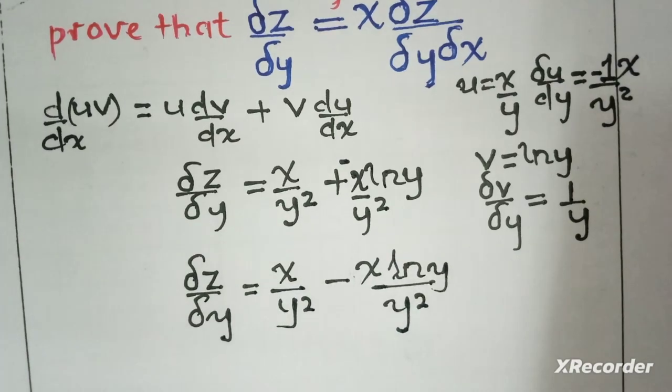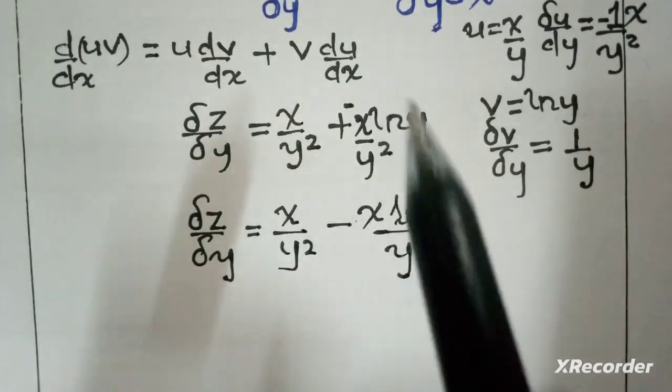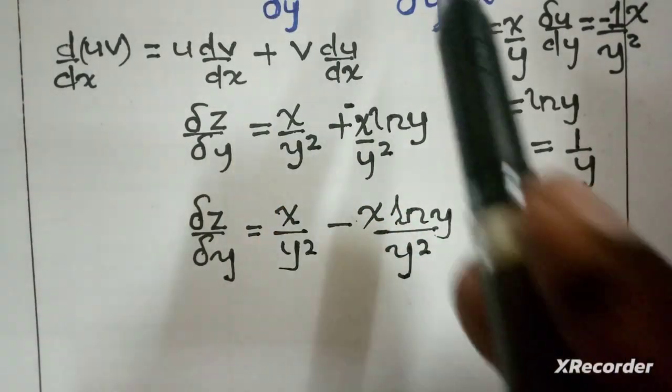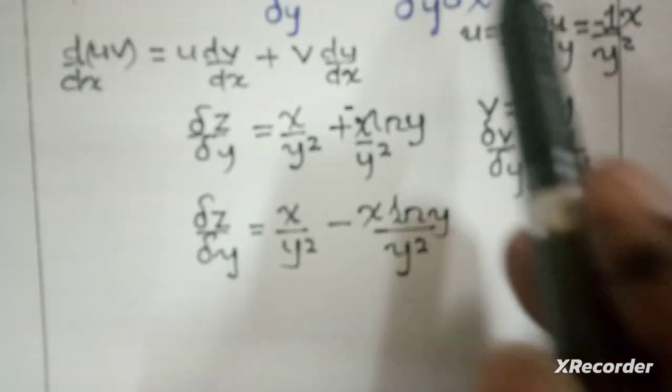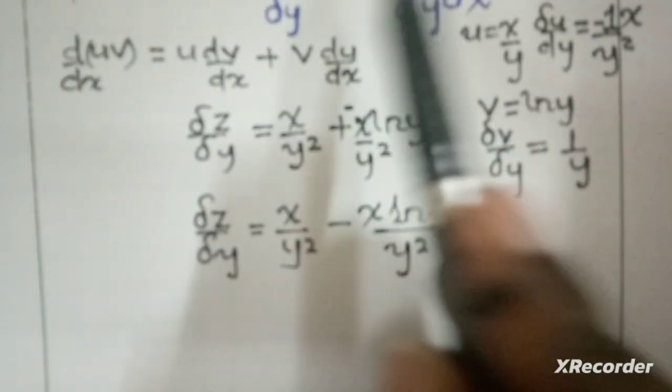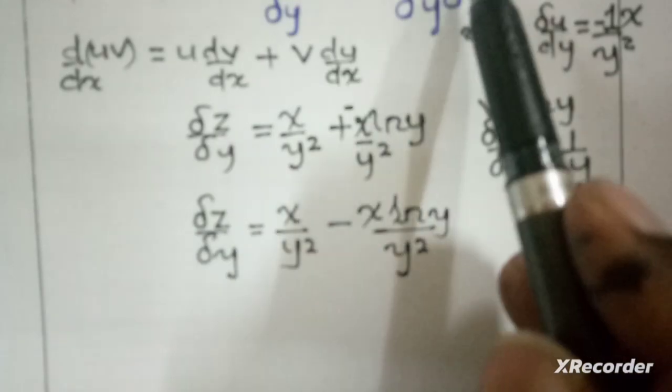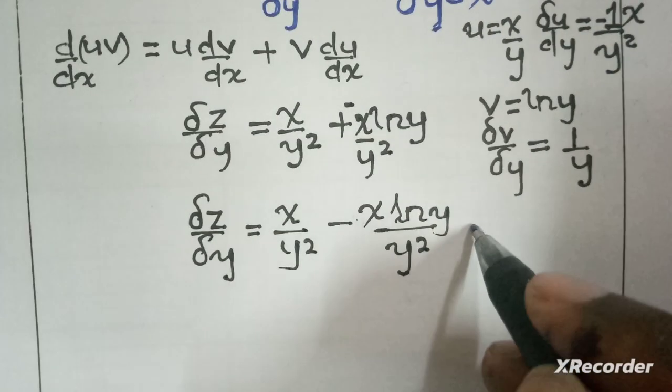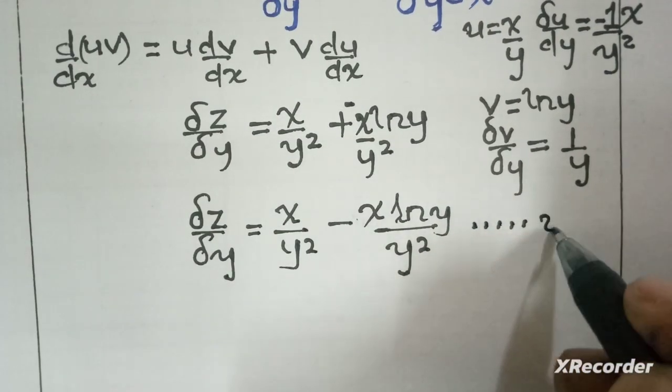So guys, that is on the right side. So let's find out what we get on the left side. On the right side, let's see what we shall get. So this one we call it equation 1.